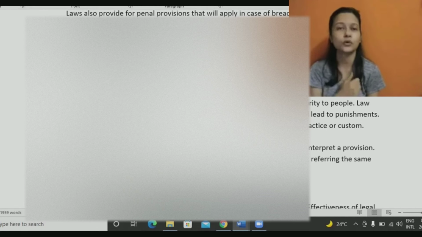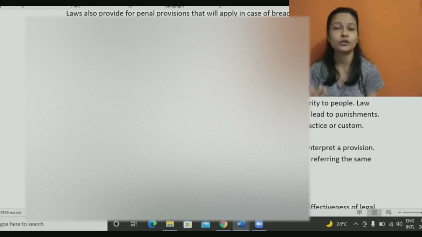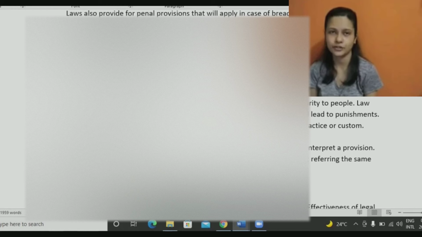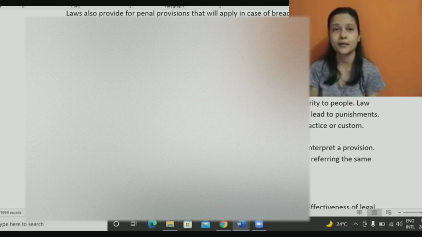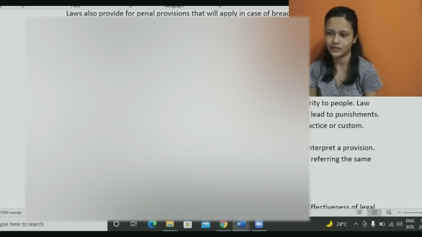We can approach that. There is one special body established for the protection of human rights, the National Human Rights Commission. There is one body for income tax matters, the Income Tax Appellate Tribunal. Like that, for certain specified areas, specific bodies are also established, like the National Green Tribunal for environment-related matters.